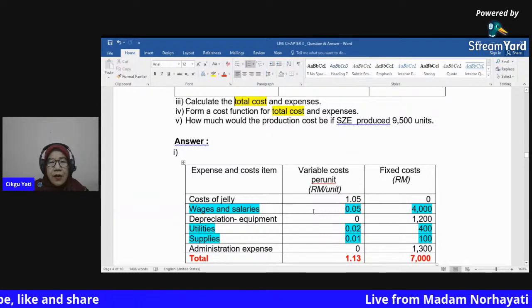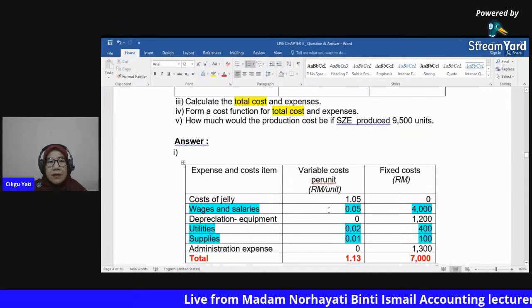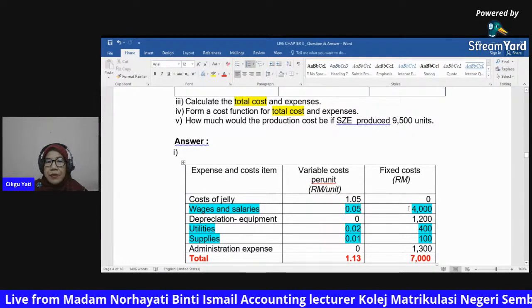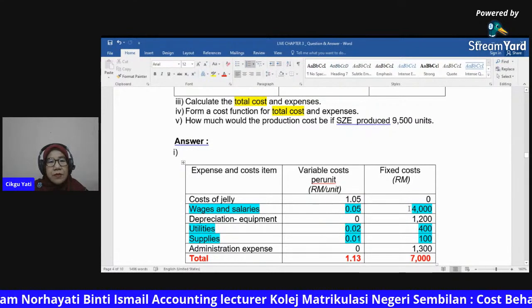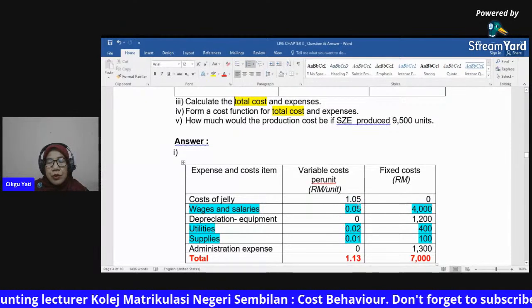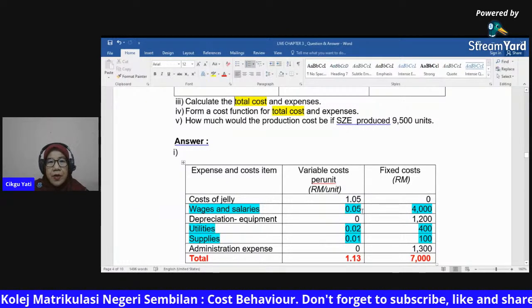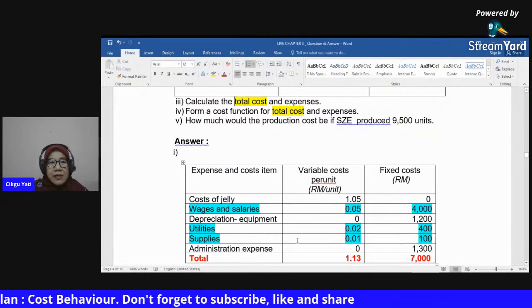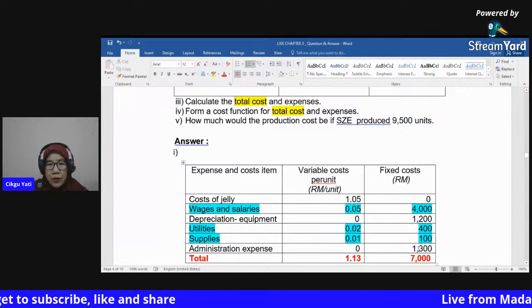When you calculate, you will find the variable cost per unit for wages and salaries is 0.05, and the fixed cost is 4,000. So now we have segregated the mixed cost into two items, variable cost per unit and fixed cost. For depreciation and admin expenses, you have fixed cost only.